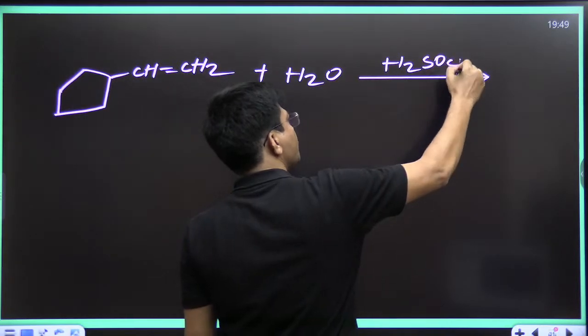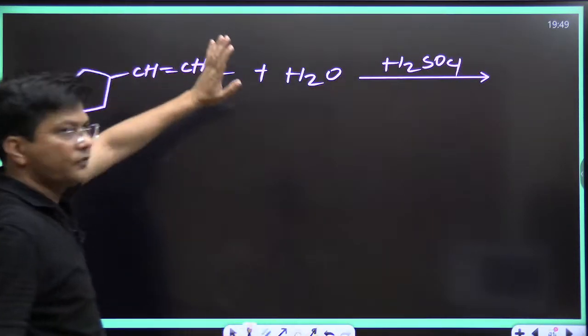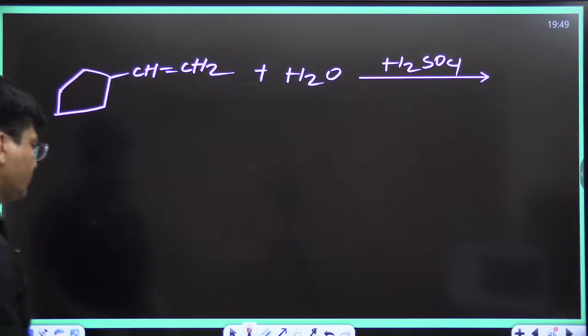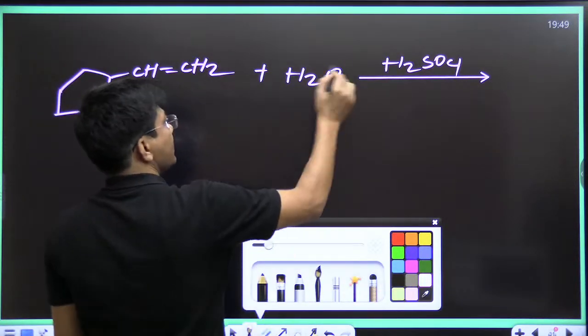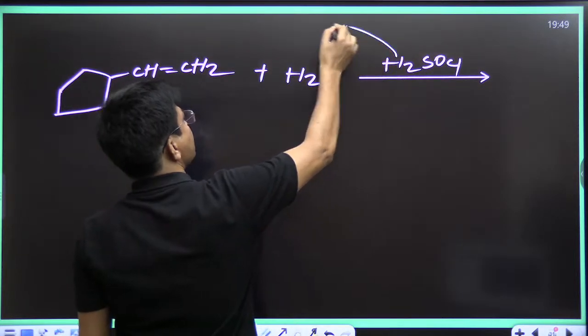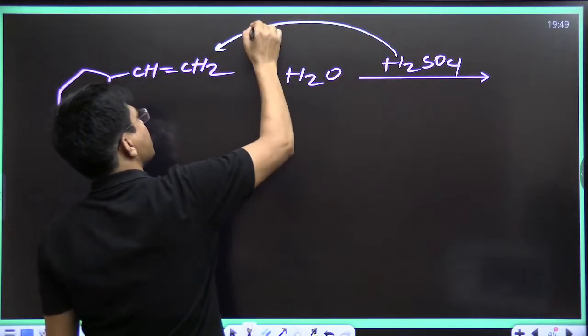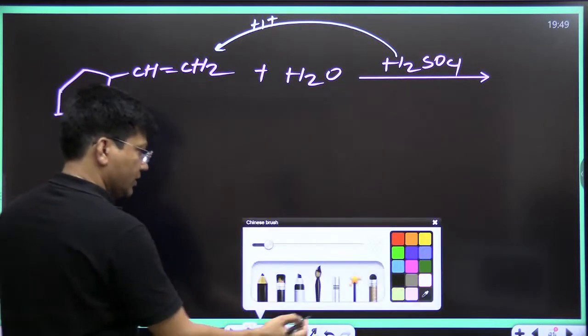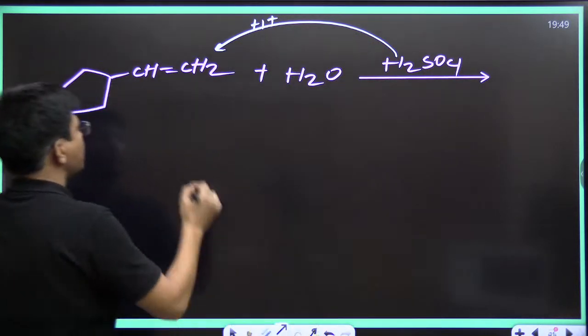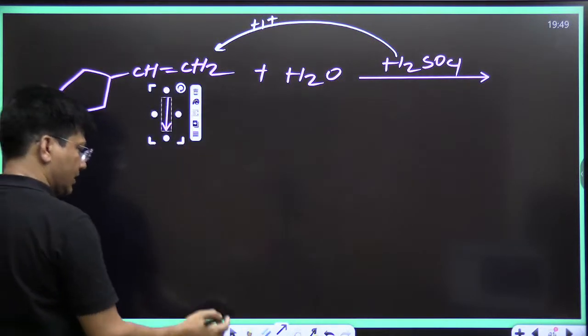You have to move step by step, then only you can find the answer, otherwise not. See, first of all, this H2SO4 will release H plus, and that is going to attack over here. When it attacks, my dear students, you will get a compound like this.